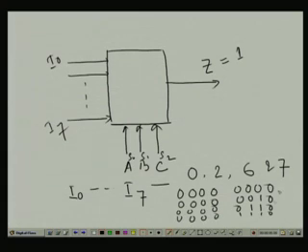So, only for these values will the output be 1.